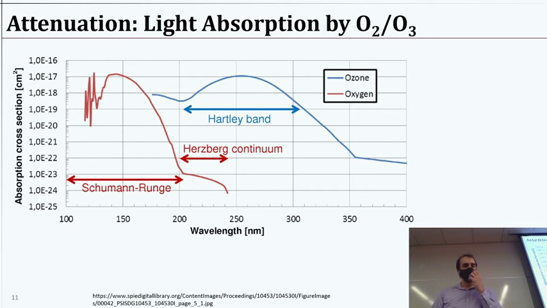But if we take a look at how much absorption the atmosphere does when considering ultraviolet light, we have here a scale, and if you remember, we have from here to about here, we call this the vacuum UV range.